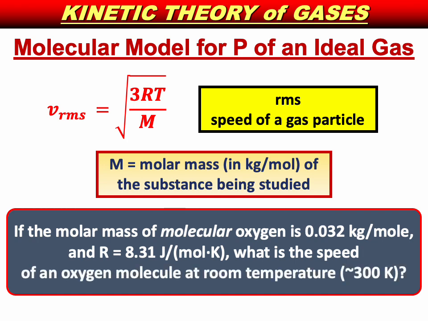How fast is a molecule of oxygen moving around at room temperature, which is 300 Kelvin? So I would like you to pause the video here for about 2 minutes, maybe even less, so you could just give it a calculation. So please pause now. And we are back. So that probably didn't take 2 minutes.